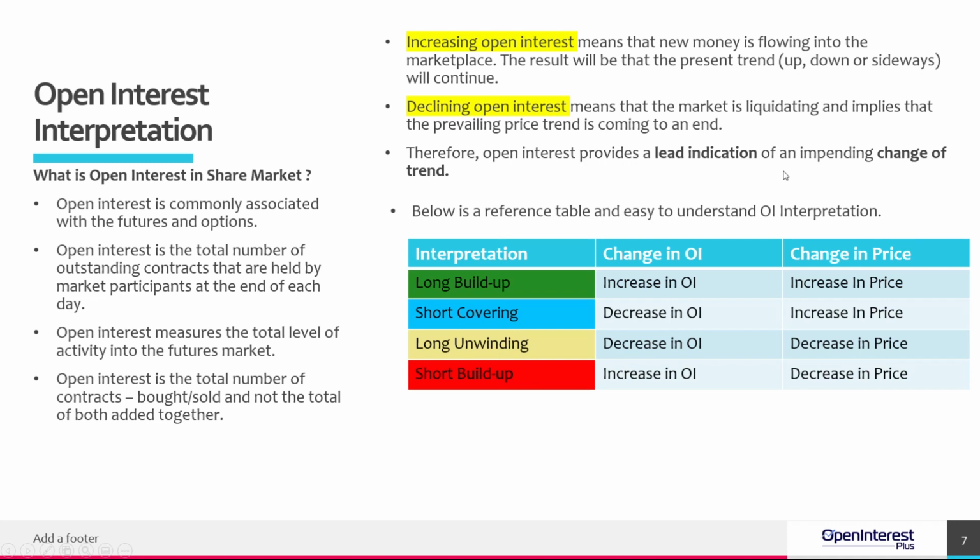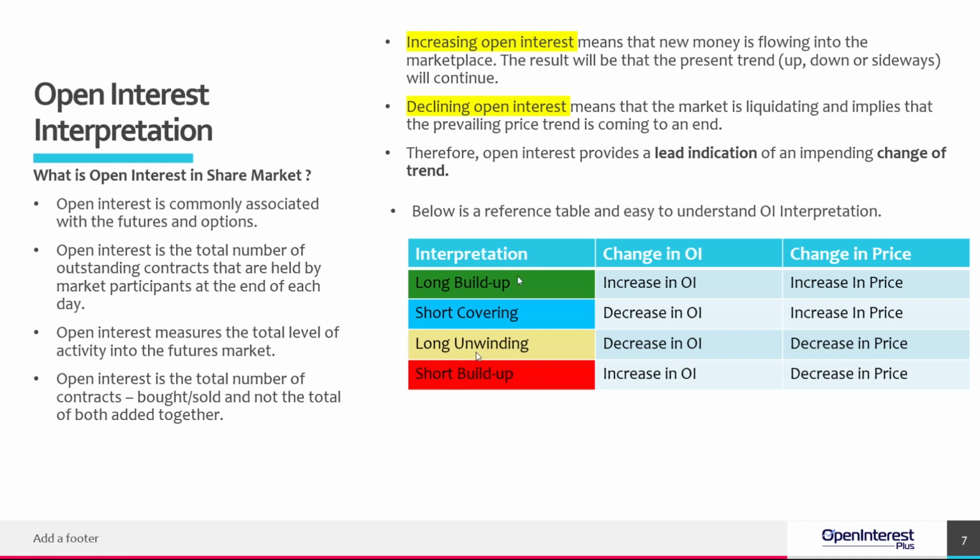Like I mentioned earlier, we need basic knowledge about futures and options. One good website I would recommend is Zerodha Varsity, where we can learn about FNO, futures and options markets. But on this slide, I'll just explain the OI data interpretation and classification.